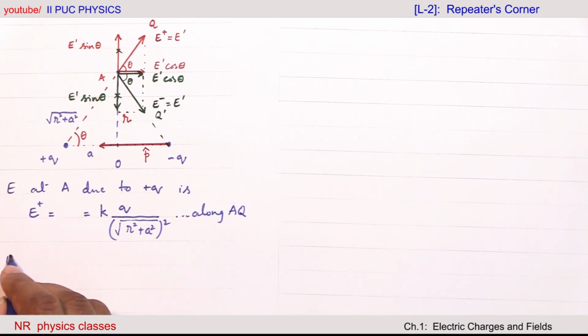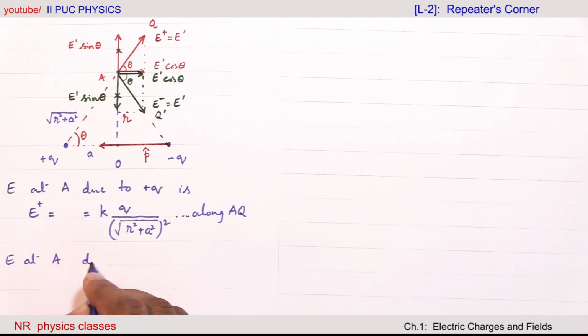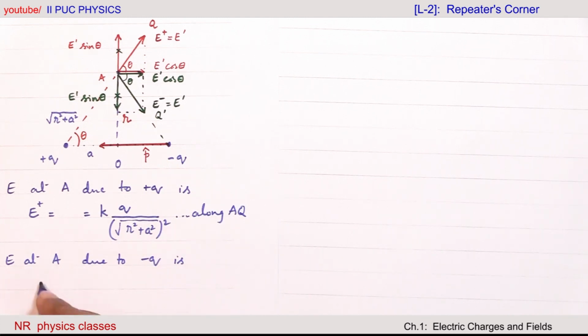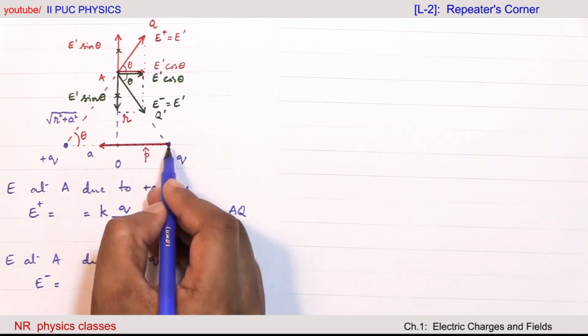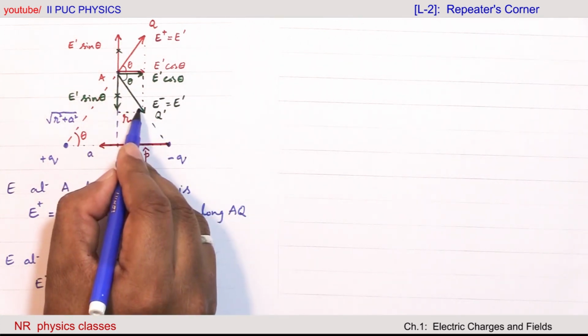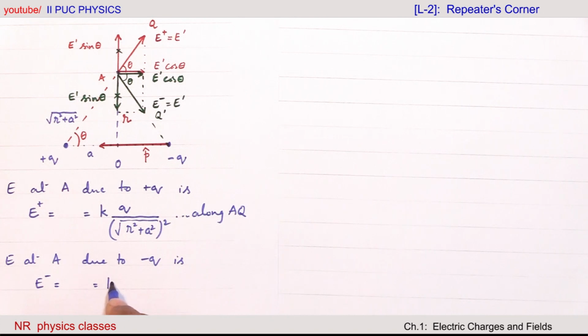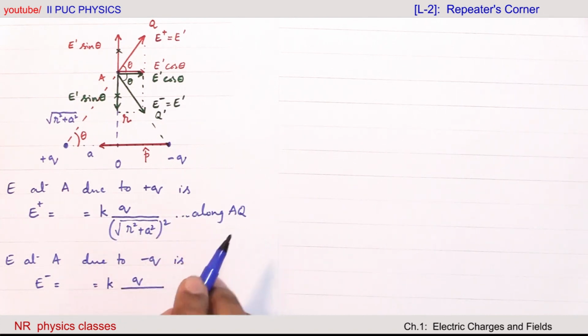Next, electric field at A due to minus Q, let me denote it by E minus, equal to constant Q by square root squared.